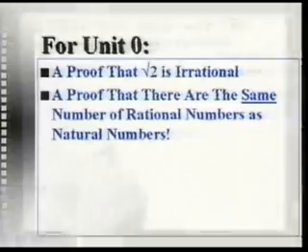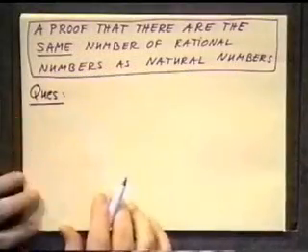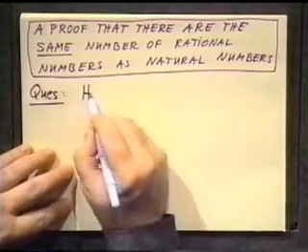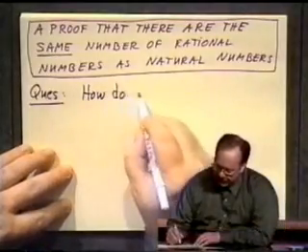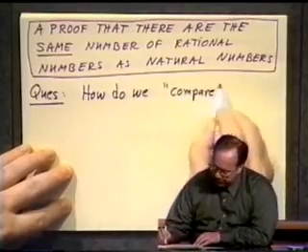So, the first question one should ask is the following. How do you compare two infinite sets? I mean, they're infinite after all, so we need to have some way of comparing them that makes sense.